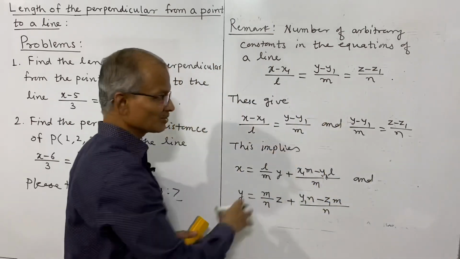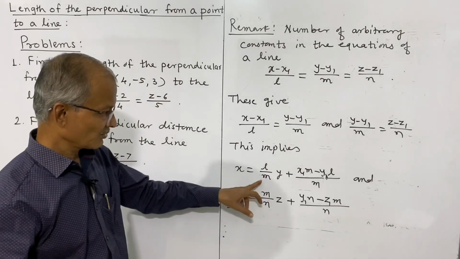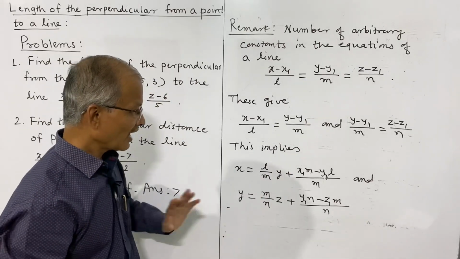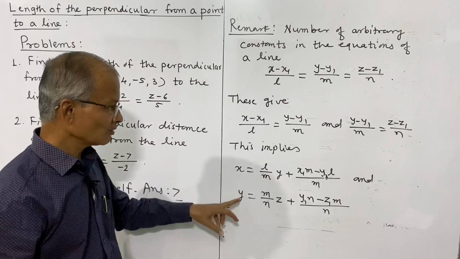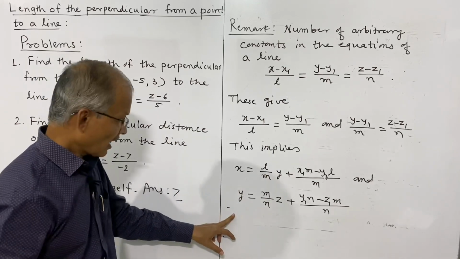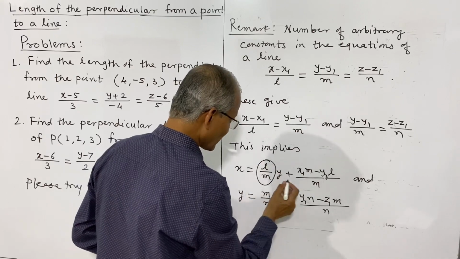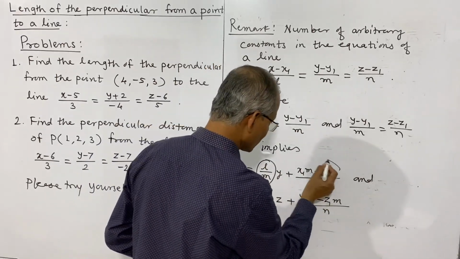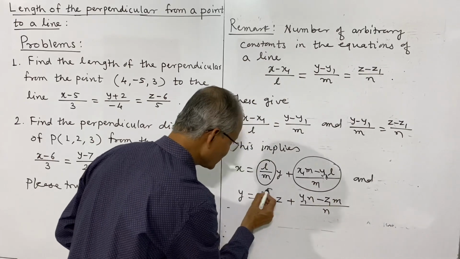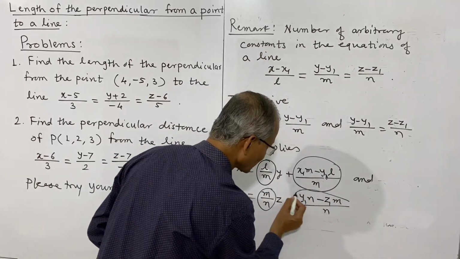You can verify, this is only the arithmetic part. And what that gives, these are the two equations of the line, and the constants are these. l by m is a constant, these are fixed values, and this is also a constant, the second constant, this is the third constant, and this is the fourth constant.